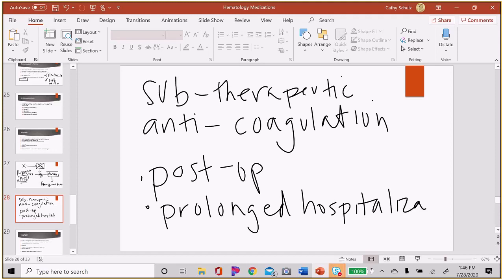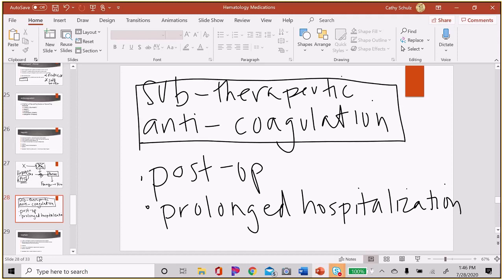Everybody, no matter what your history is. So what I mean by subtherapeutic is the dose is lower, and so there isn't a blood test that I check on a regular basis to see if it's working. I know it's working because the patient doesn't get a PE or a DVT.